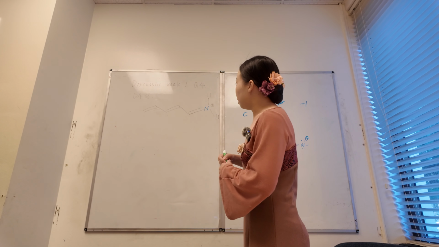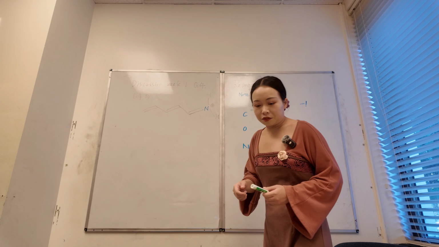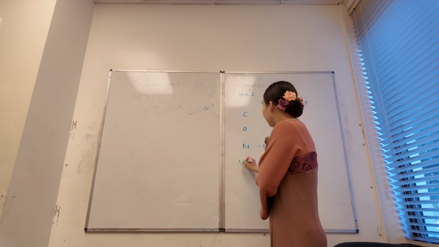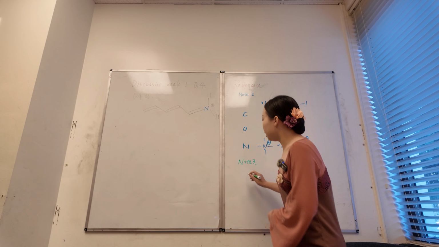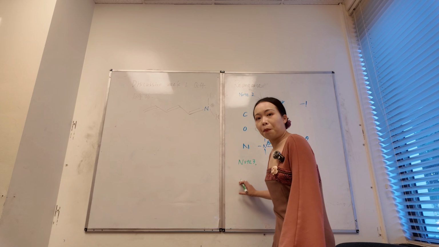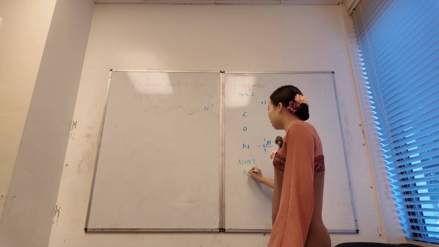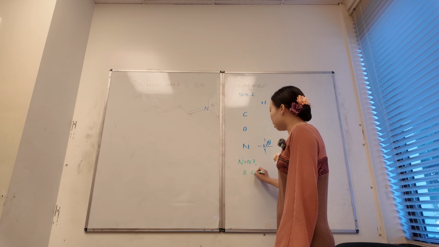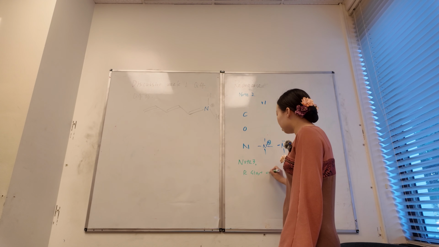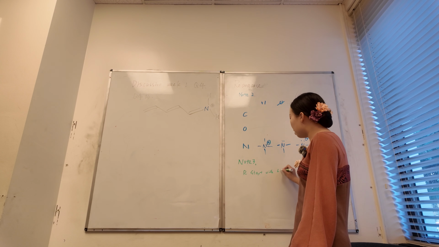The next thing, on my notes 3, in the bottom part, is where resonance should start. Resonance starts with either a lone pair or double bonds.